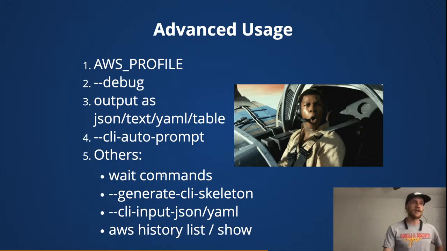I didn't want to demo it here because it takes too much time. These two go hand in hand: generate CLI skeleton and CLI input. Generate CLI skeleton for a command like run instances that we just saw earlier. There's a lot of inputs, right? You can generate a JSON block of all of those inputs, edit that in a file on your own machine, and then feed it into the CLI via CLI input, JSON or YAML.